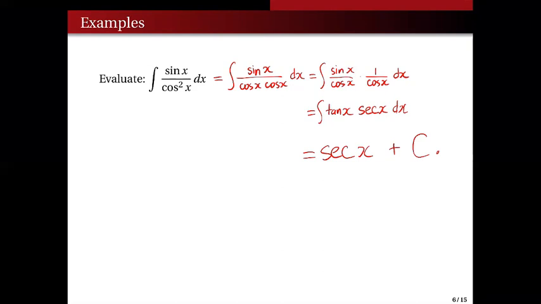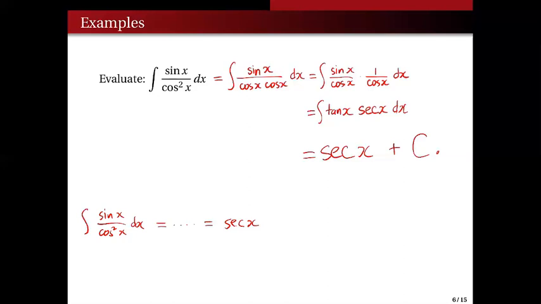Okay, so listen very carefully. Why is this plus c important in this scenario? Remember, the indefinite integral is a family of functions, and this c gives you the members of the family, all of them. If you simply write, for example, the integral of sine x over cosine squared x dx, and after a long calculation you just have secant x, what does this mean?